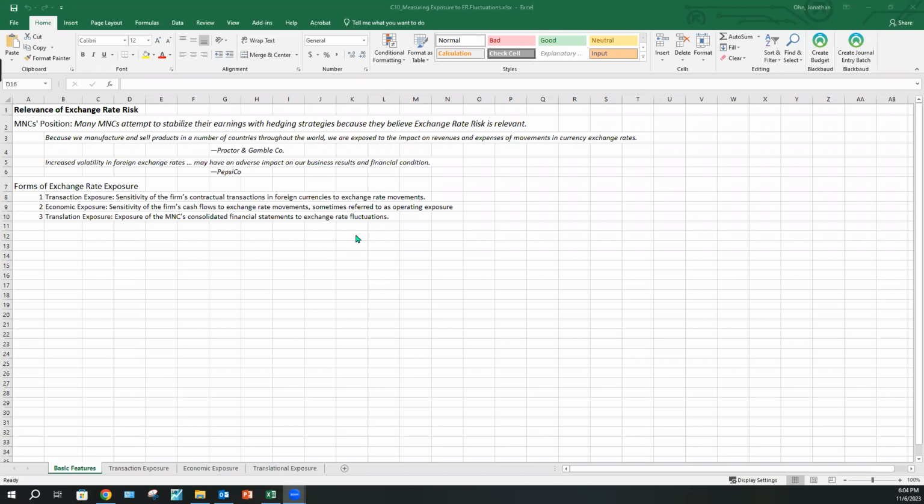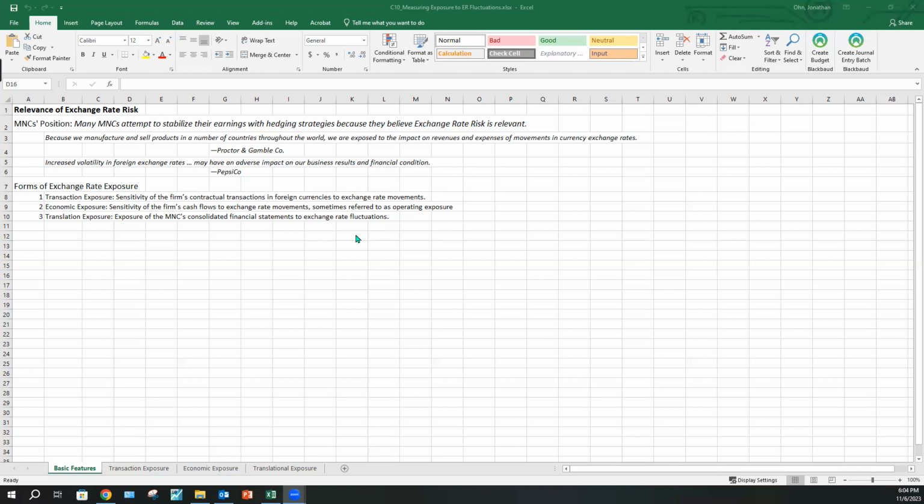The overall conclusion is that for the absolute majority of MNCs, exchange rate risk is relevant, and they usually pay a lot of attention to how to manage this exchange rate risk in their multinational businesses.